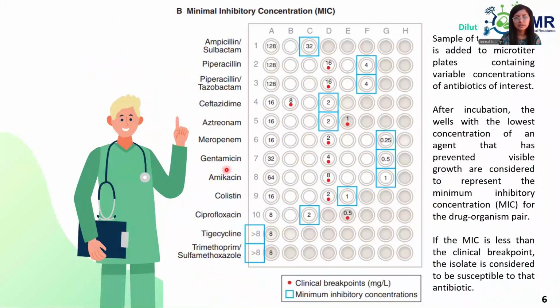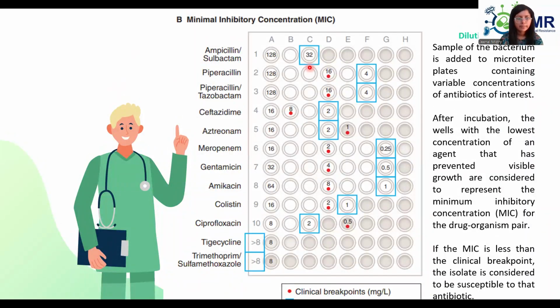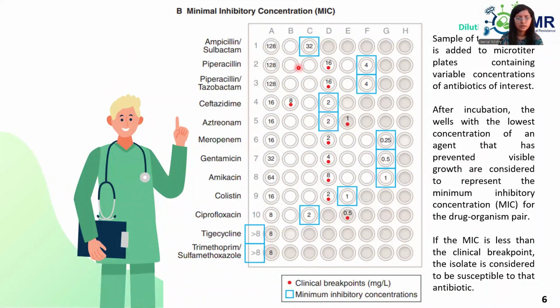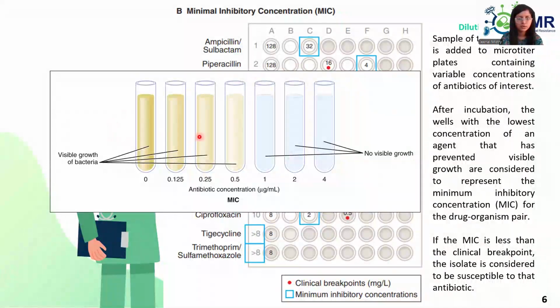The second one is the dilution method, right? We determine the minimum inhibitory concentration. So these are different dilution tubes that we incubated, and this shows some visible bacteria. The x-axis shows the antibiotic concentration in microgram per ml.